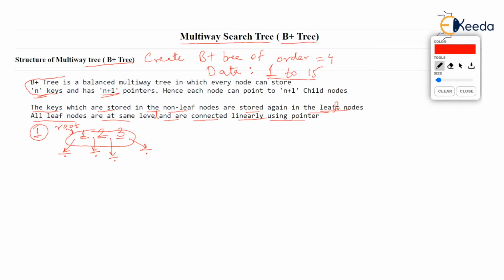Now let us take the fourth key and try to insert 4. Ideally speaking, 4 should go after 3 because the node has to be sorted. But how can you store 4 in that node, because the node is already full? The node has capacity of storing only 3 keys and has 4 pointers. So 4 cannot be stored in this node.